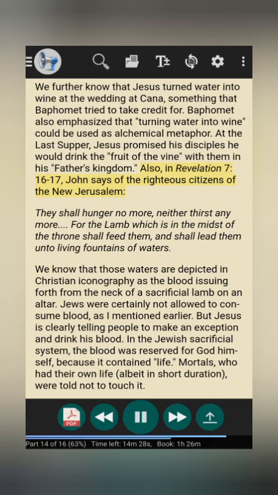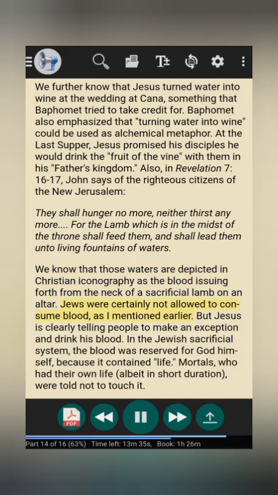Also, in Revelation chapter 7, verses 16-17, John says of the righteous citizens of the New Jerusalem, "They shall hunger no more, neither thirst any more. For the Lamb which is in the midst of the throne shall feed them and shall lead them unto living fountains of waters." We know that those waters are depicted in Christian iconography as the blood issuing forth from the neck of a sacrificial lamb on an altar.